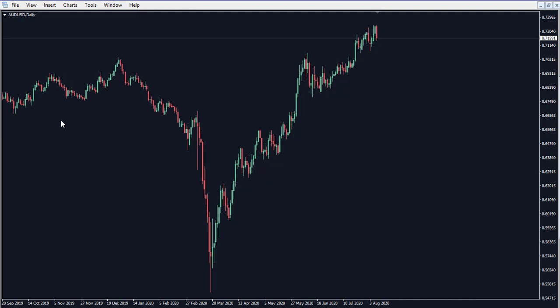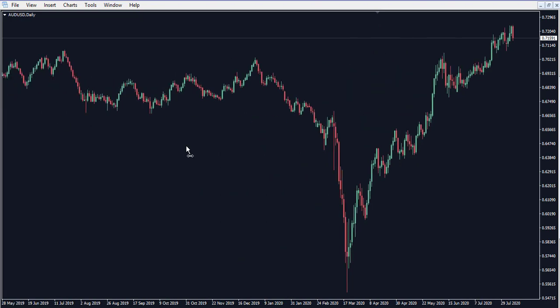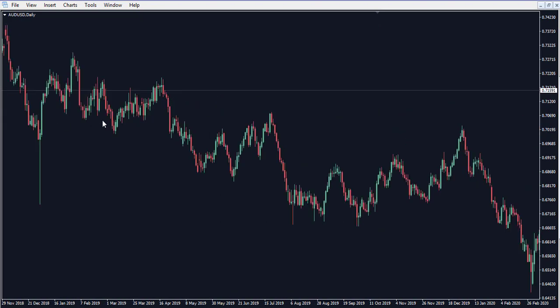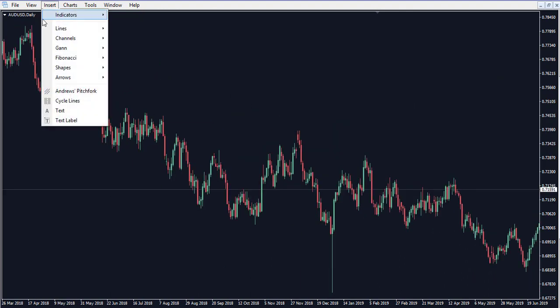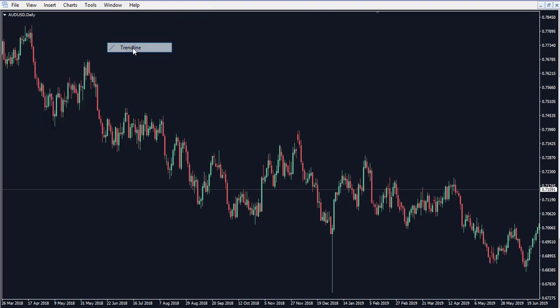I'll show you. So now we come to what is a trend line. So a trend line, and let me just show something real fast. You come here to lines. I'm using MetaTrader. So come here, trend line, and a trend line, as I said, helps us define the current direction of the market at the current moment.